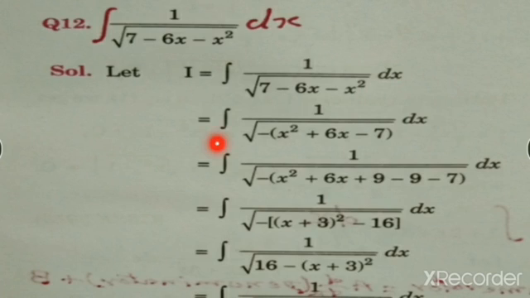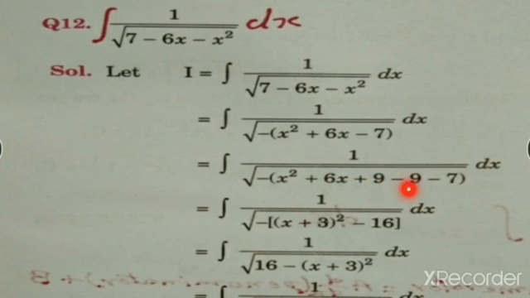This can be written as integration 1 upon root of minus, common out from the whole expression, x square plus 6x minus 7.